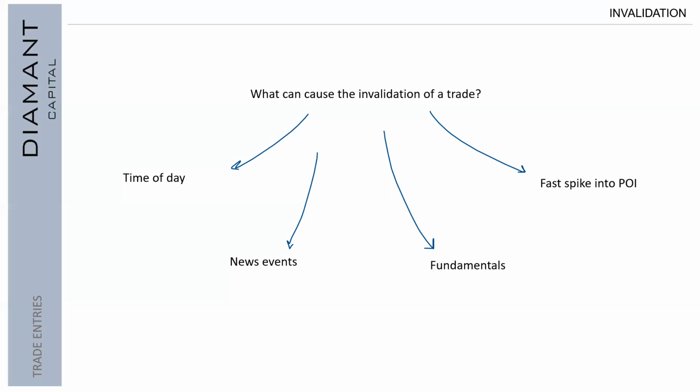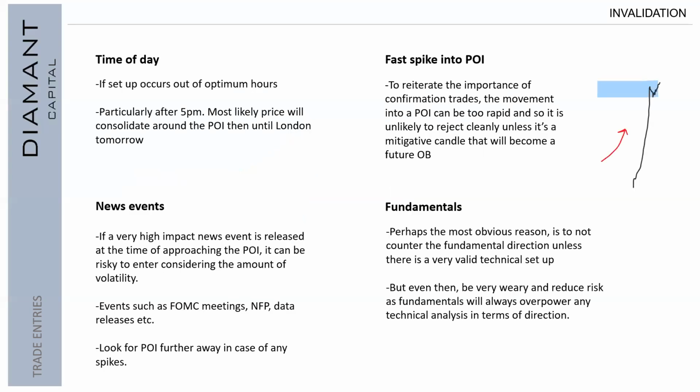You've got the Asian range, the consolidation, London reversal, the fake move. Then you've got the New York, London overlap, which is the retracement. You've got to consider these things. Then news events as well, fundamentals, and then a fast spike into point of interest. This is something that you'll come across when you're backtesting and even when you're trading. So yeah, time of day.